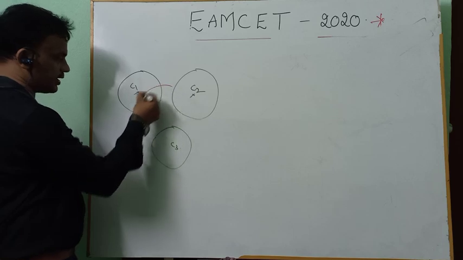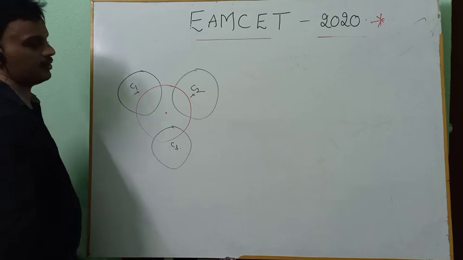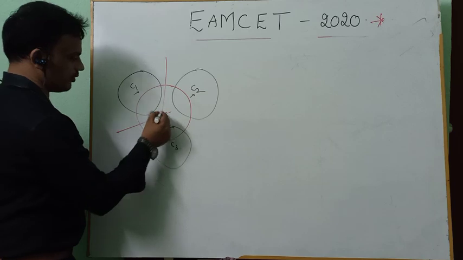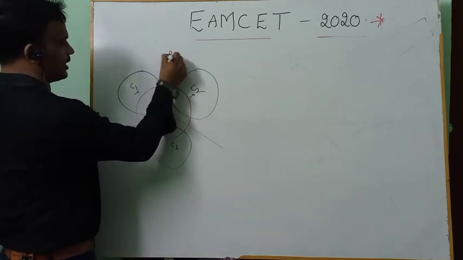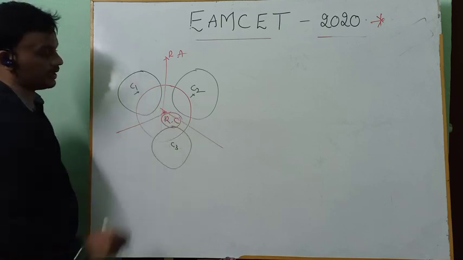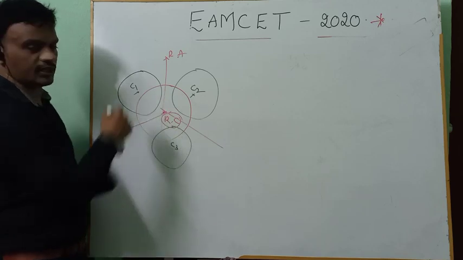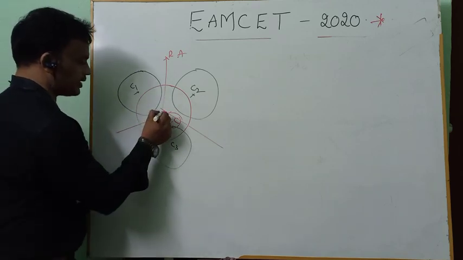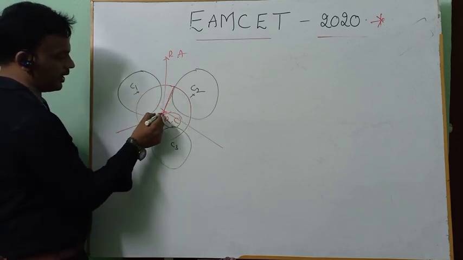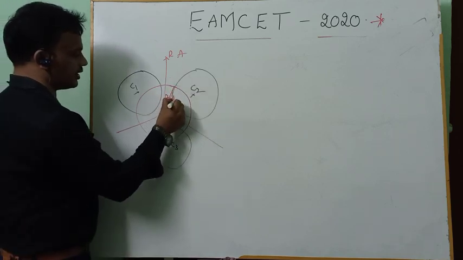The center of the required circle is the point of intersection of the radical axes, which is called the radical center. From the radical center we find the length of the common tangent to any of the circles, and that becomes the radius of the required circle.